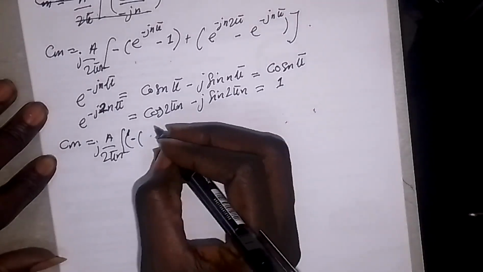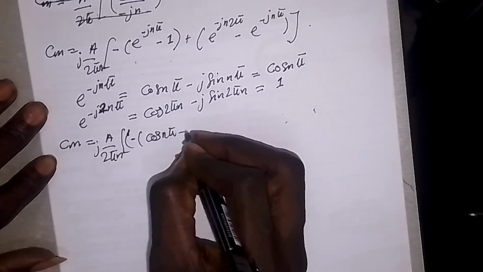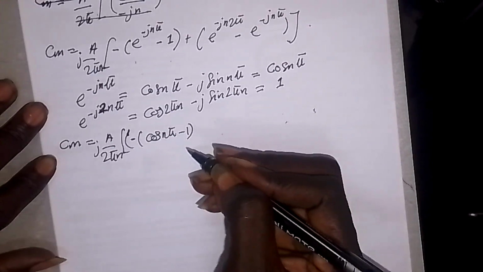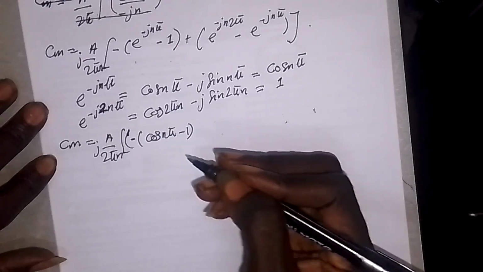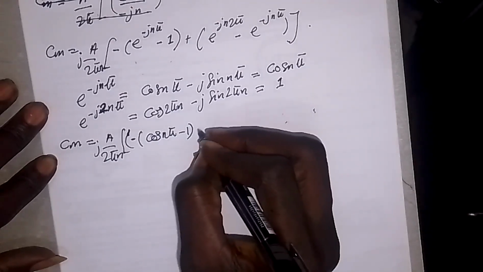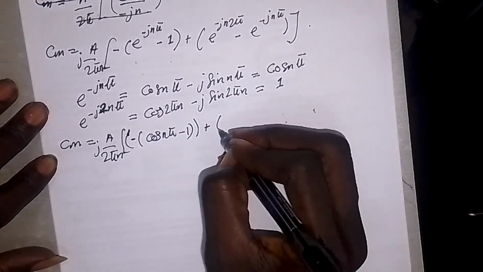What did I get? I got cos n pi minus 1. I got cos n pi minus 1.